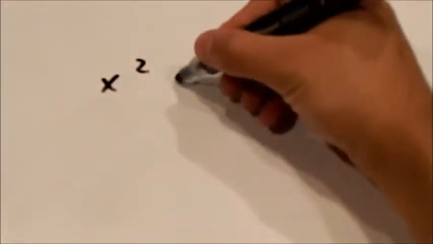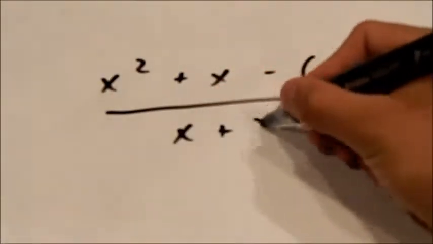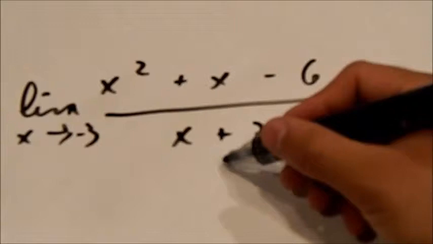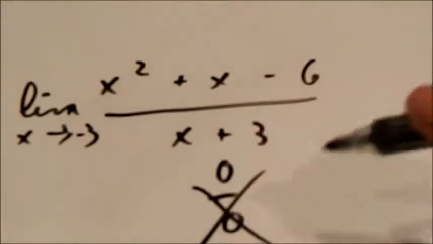Sometimes the factoring for these functions is a little simpler than it was for the cubic functions. Take, for example, the function x squared plus x minus 6 over x plus 3. If we were trying to find the limit of this function as x approaches negative 3, we could first try to just plug in negative 3 and see if we can get a number.